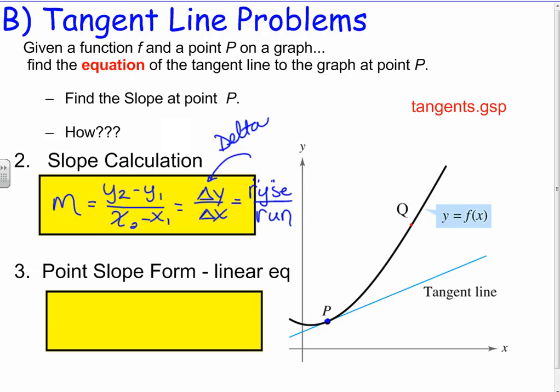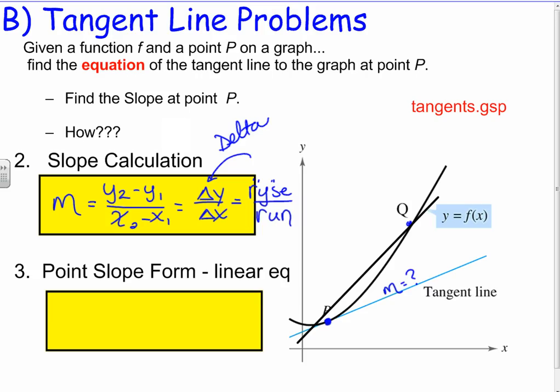So taking that idea of slope calculation, how do I calculate the slope at point P so that I could tell you what the slope of this tangent line is? Well, that's a really interesting question, isn't it? I am very familiar with calculating slope when I have 2 points. 2 points, I can connect them up, and that gives me my y sub 1 and my y sub 2, and I can give you a slope of that.